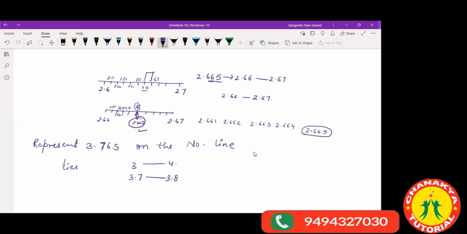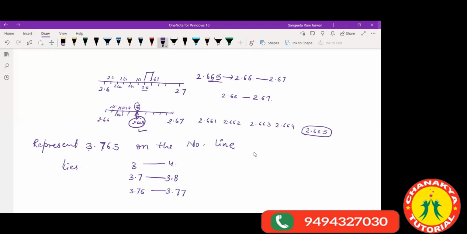Now again we will magnify 3.7 and 3.8. After 3.7 we will make 10 divisions in between. That becomes 3.71, 3.72, 3.73, 3.74, 3.75, 3.76 to 3.77. So this number lies between 3.76 and 3.77.